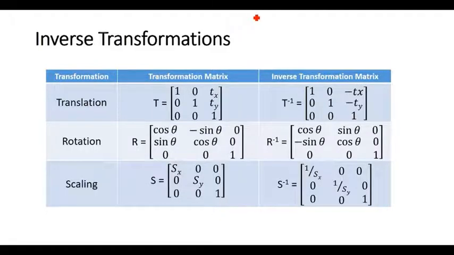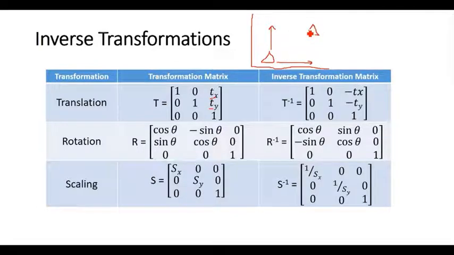For example, let us say I have an object like this and I perform translation by adding tx and ty. Using tx and ty, if I multiply this matrix to this object, it would move this object over here.